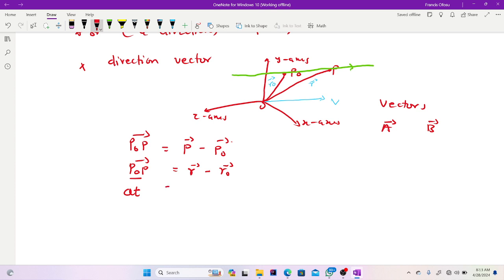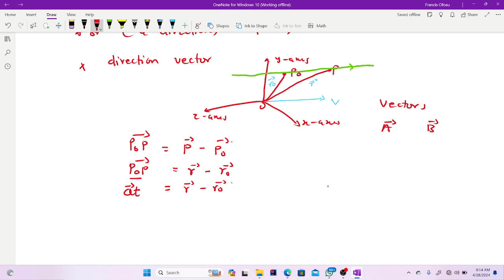Yes, so at this point, AT is equal to, so this is the vector A, being my directional vector. Then T is just a variable I have put there to quantify the parallel nature of the vector. So this is equal to R minus R naught.